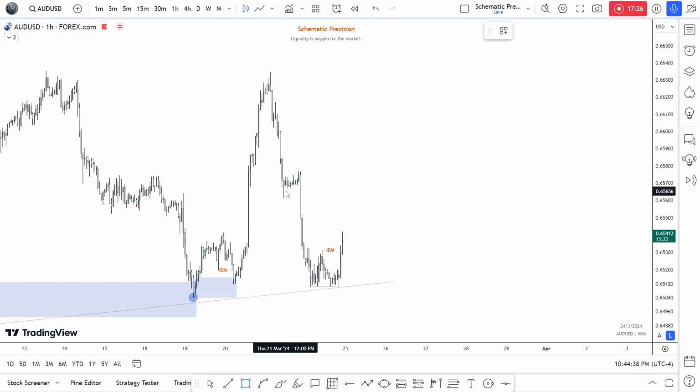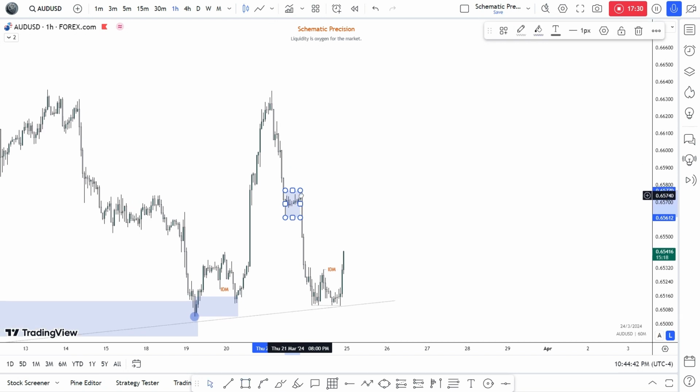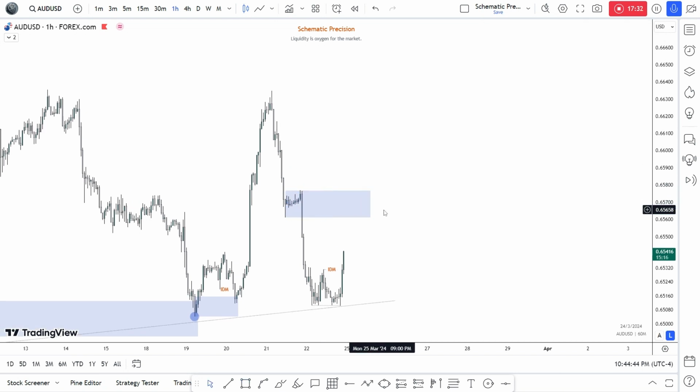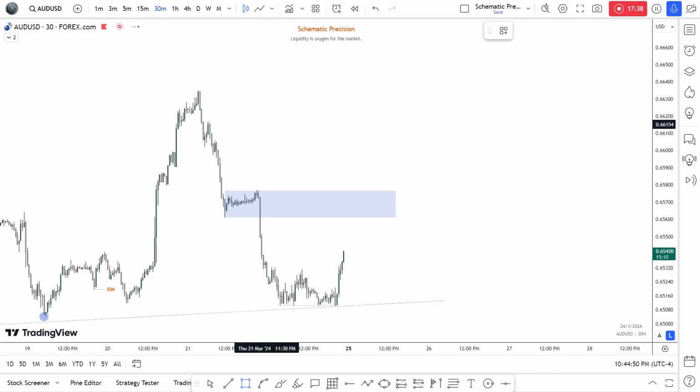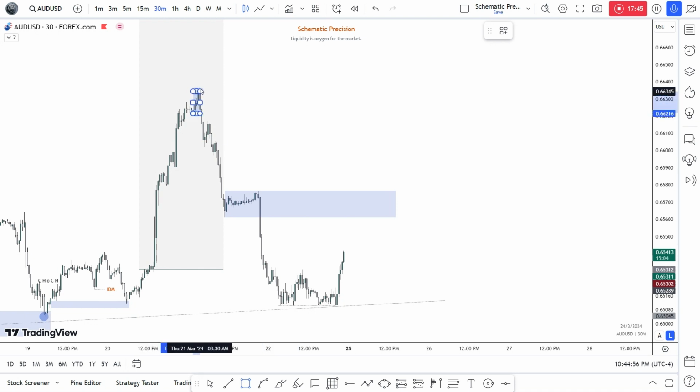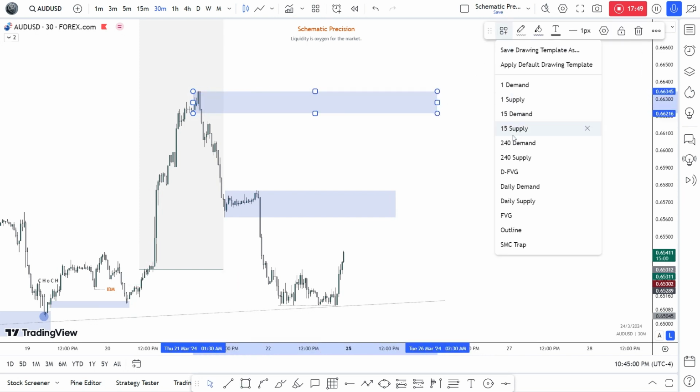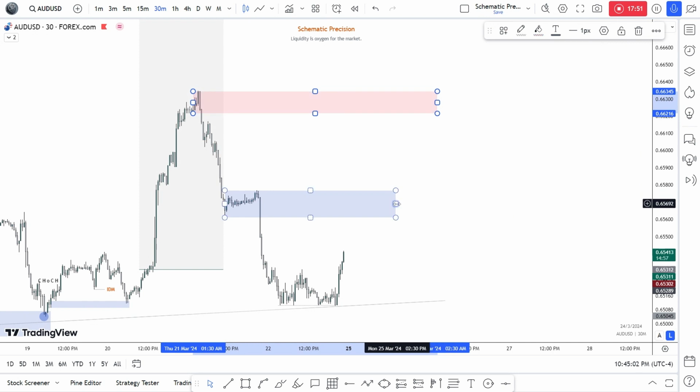One POI, of course, this one, another one at the extreme. But at the extreme, I want to see on the lower time frame. Yep. The last buying move at the extreme is our other POI, point of interest.